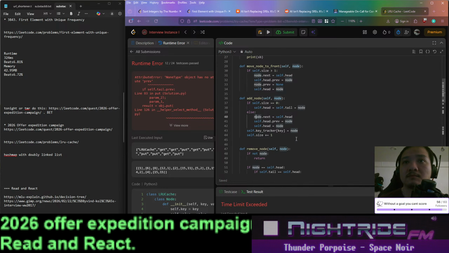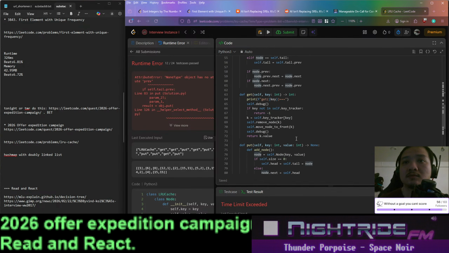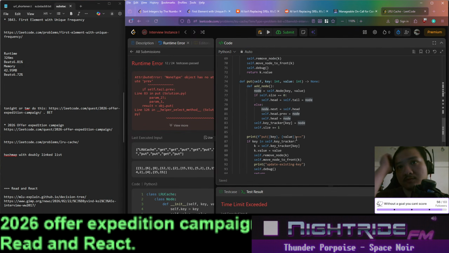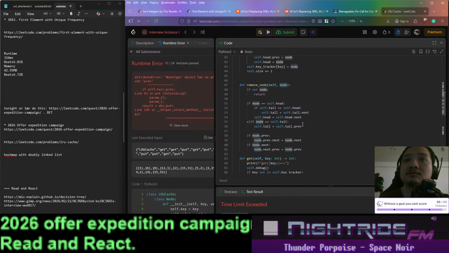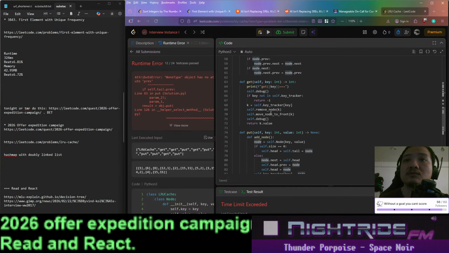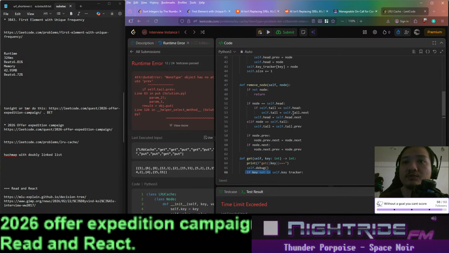So basically, we have that function. So when we remove node, right, we do self.size minus 1, right?